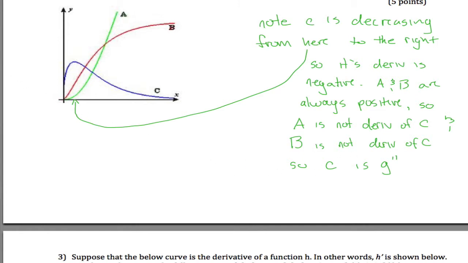Once you find one of them, the rest follow a little bit easier. So we got C is G double prime.